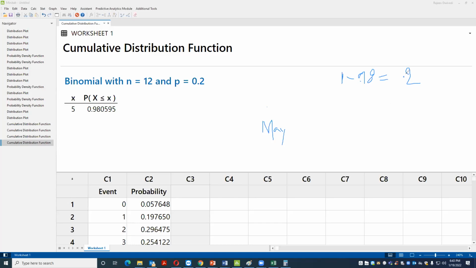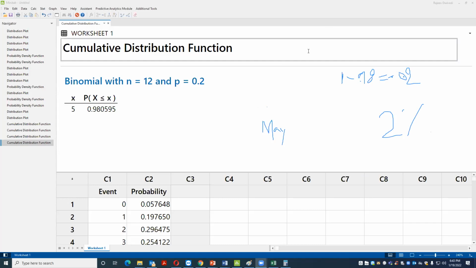Yeah, you're correct, it's 0.02. Sorry. Thanks, Ted. So yeah, thank you so much, it is 0.02, or 2%. Now if it is clear, we go to the next distribution.